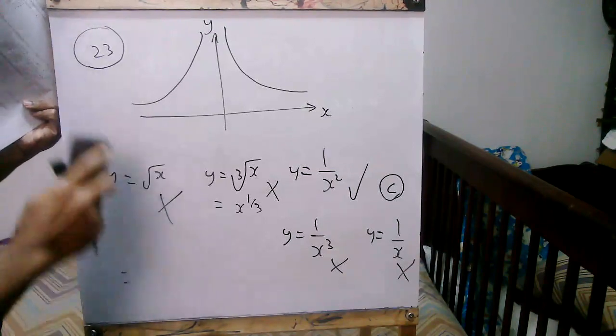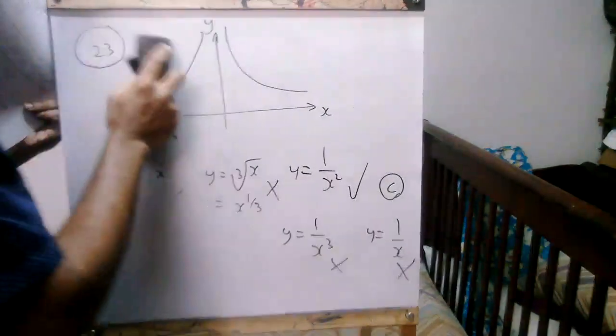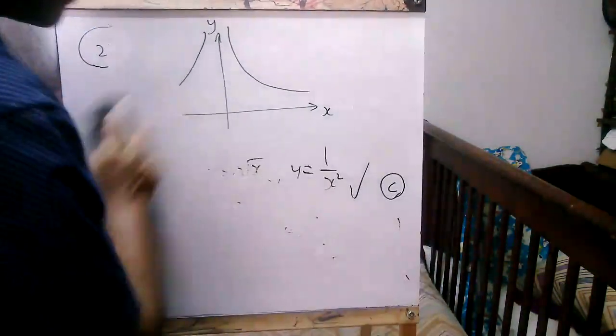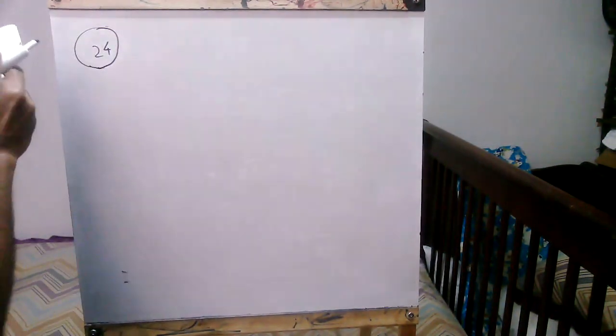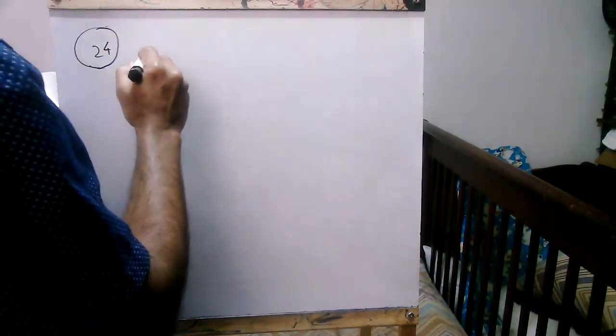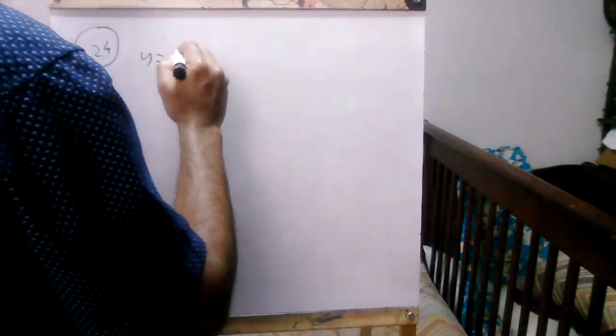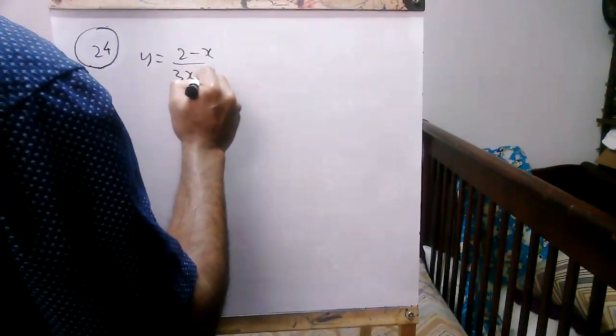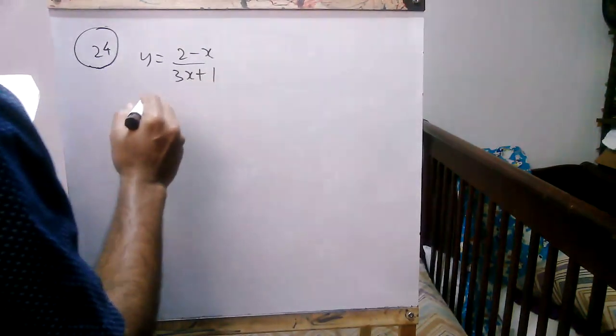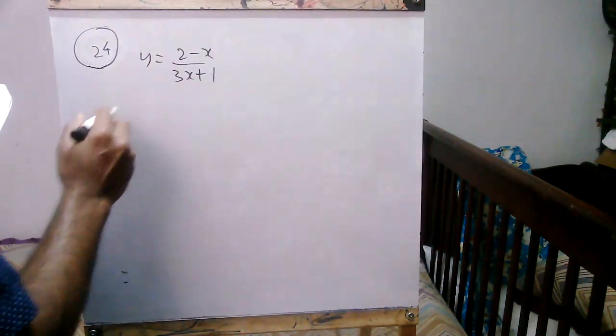Okay, I'm gonna erase this. Given y equals 2 minus x divided by 3x plus 1, it's asking you to find dy/dx.